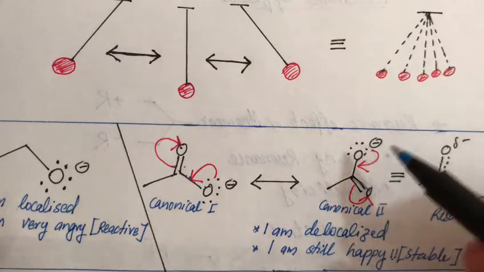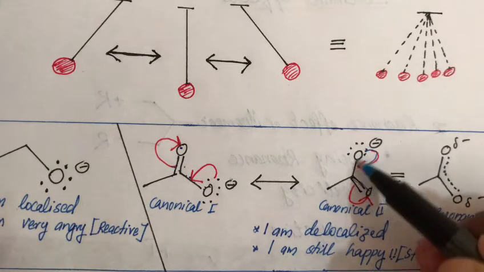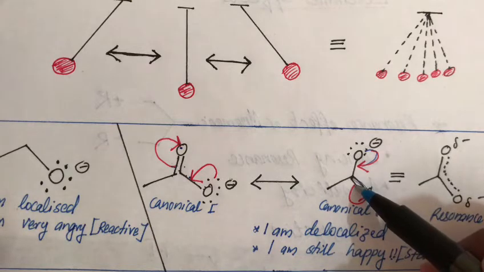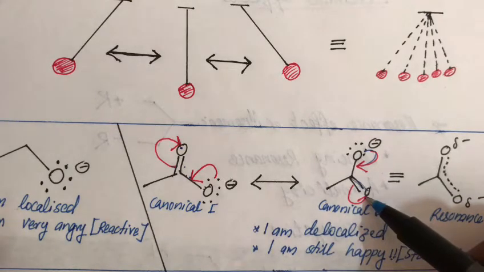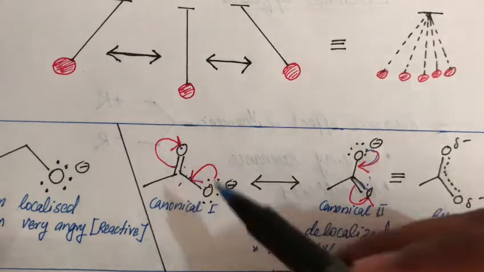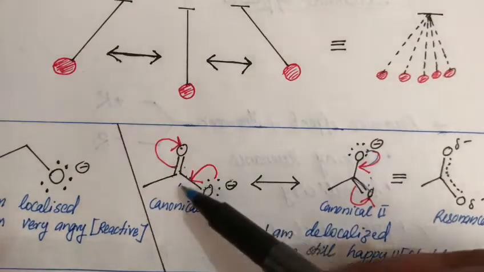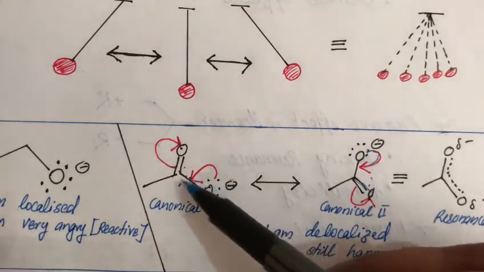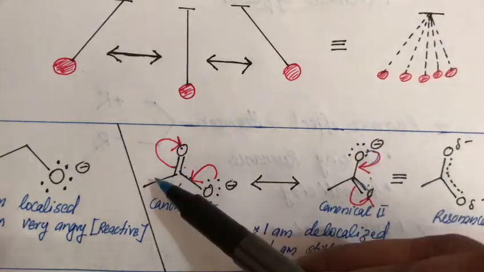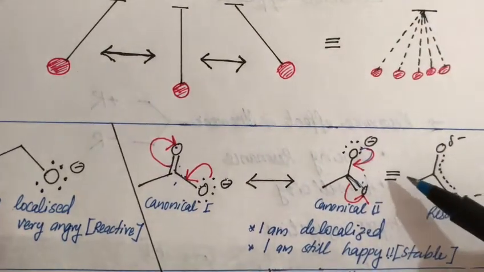Again this lone pair can move to this position while simultaneously the pi bond moves onto the oxygen, moving back to this position. That's why I drew the analogy with this kind of motion. It is a to and fro motion. It moves to this position, then moves back again. As our pendulum has a hybrid, this can also have a hybrid.